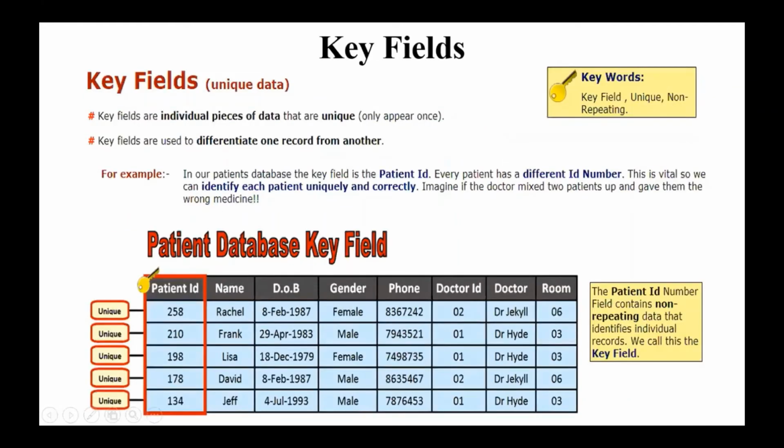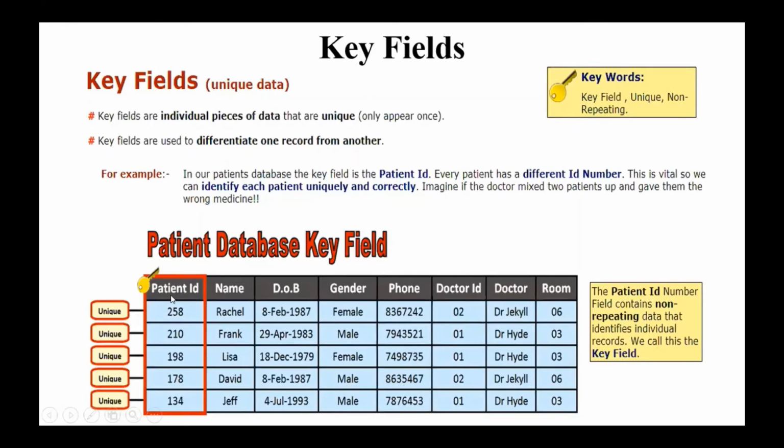Now, I will not go into the depth of this right now. Just keep in mind that whenever you are storing your data, you are assigning some key fields. In this table, just observe, is the patient ID getting repeated? No. So this means that patient ID is a unique field in your table.